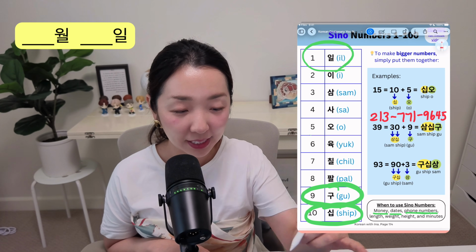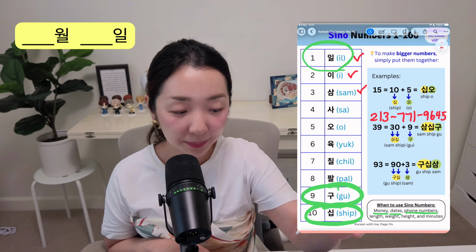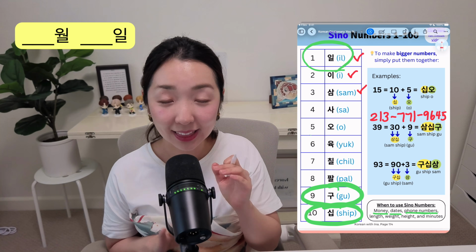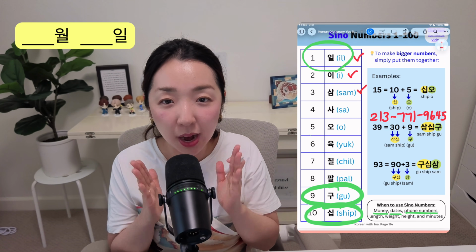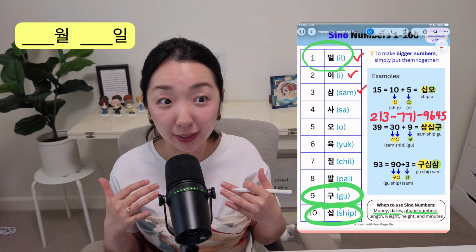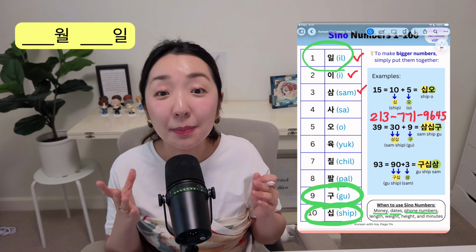Then it's going to be 2, 1, 3. And then the dash, orally, you can say 에. That doesn't have any meaning. It just pauses in between our numbers when we say our phone number because it's like a big digit that we have to say. 2, 1, 3, 에.